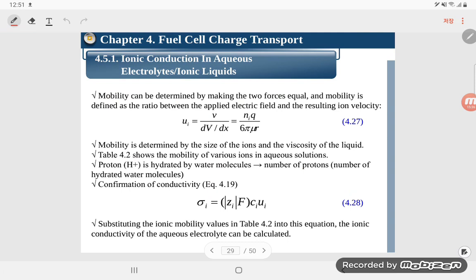Then what is the mobility in this aqueous or liquid form? The mobility U can be determined by making the two forces equal. Mobility is defined as the ratio between the applied electric field and the resulting ion velocity. So V over dV/dx is the definition of the mobility in this case.